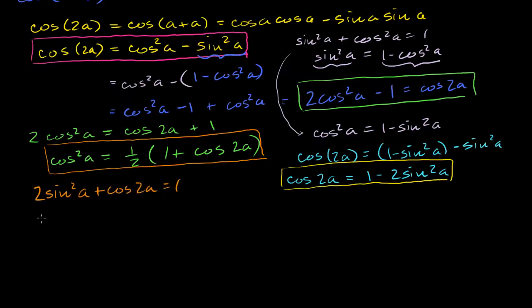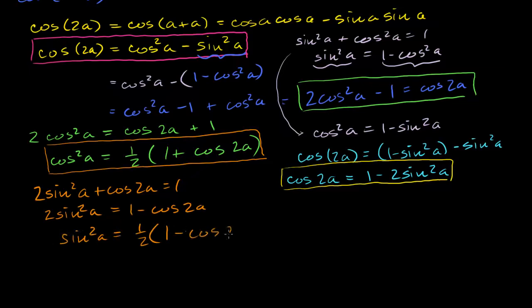Subtract cosine of 2a from both sides. You get 2 sine squared of a is equal to 1 minus cosine of 2a. Then you divide both sides of this by 2, and you get sine squared of a is equal to 1/2 times 1 minus cosine of 2a. And we have our other discovery, I guess we could call it, our finding.